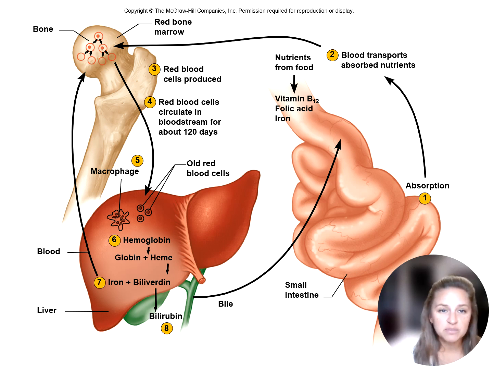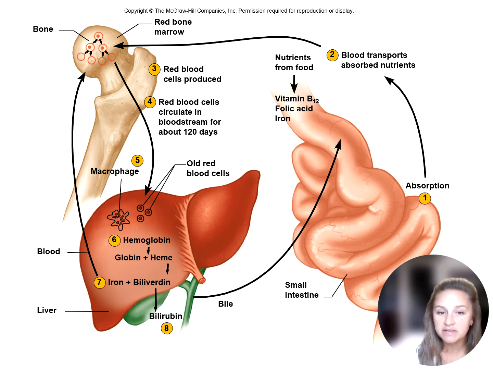When the lifespan of the red blood cells is over, then it will be digested. It will be eaten by these macrophages of our own immune system, and they will break down the red blood cell into different pieces. It'll break down the hemoglobin into the globin and the heme. The heme will get broken apart into the iron and the biliverdin. The iron can then get recycled to go back to make more new blood.